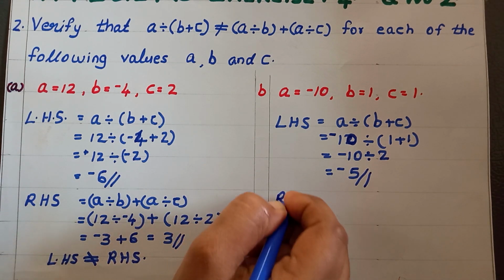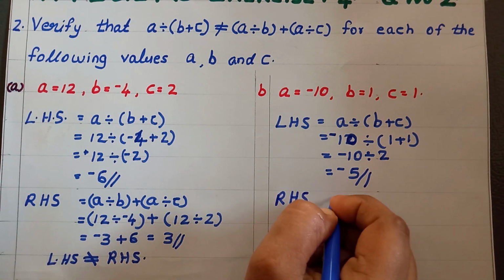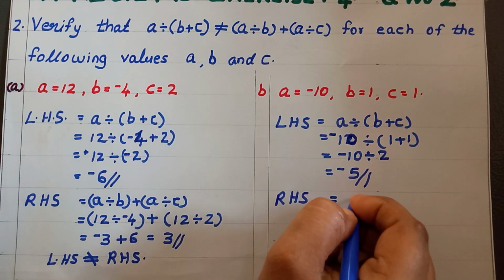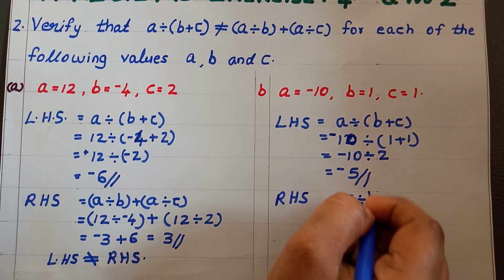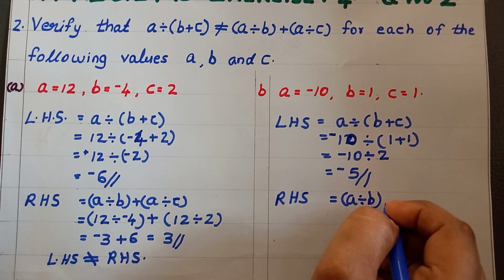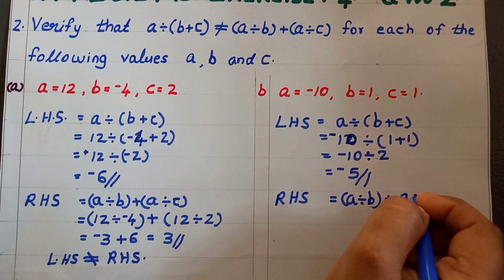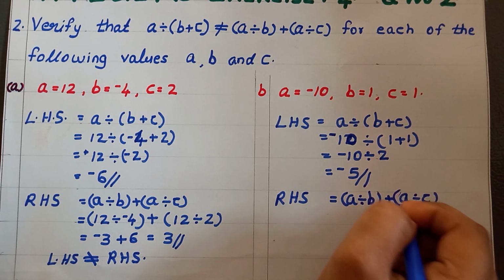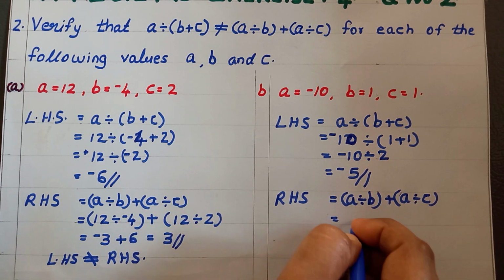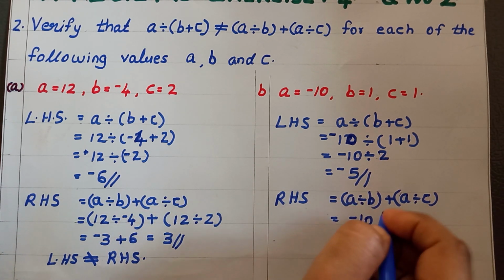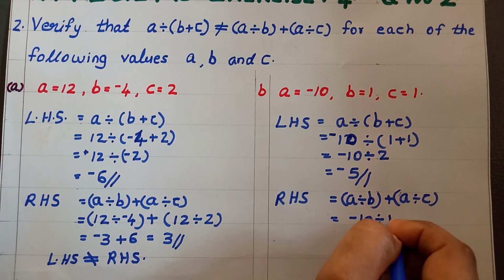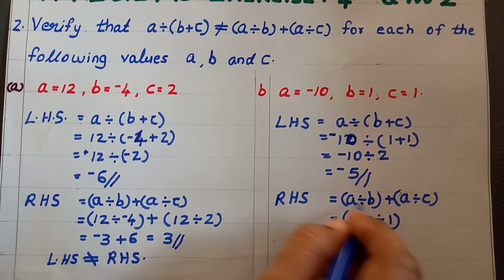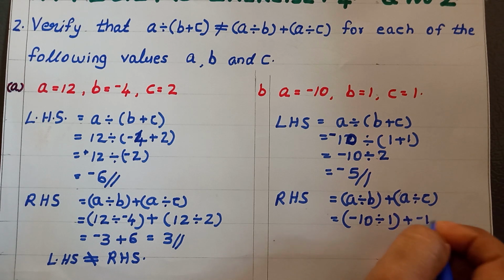Then RHS equal to a divided by b plus a divided by c equal to minus 10. Substitute a as minus 10 divided by 1, that is the value of b, plus minus 10 divided by 1.